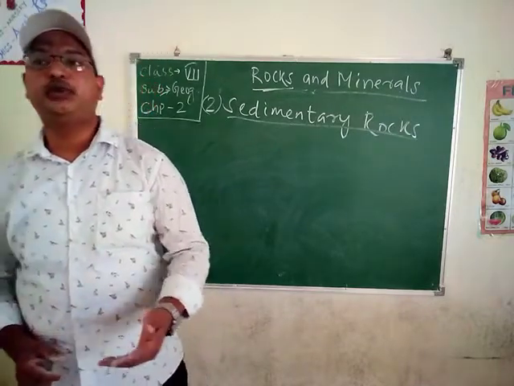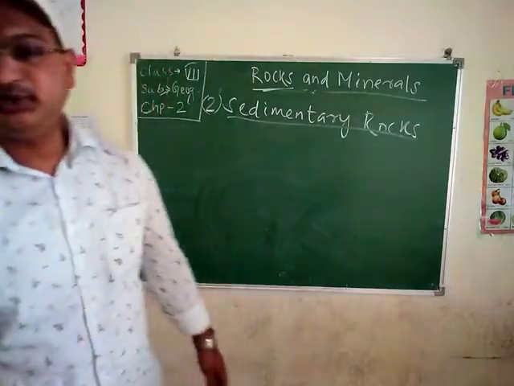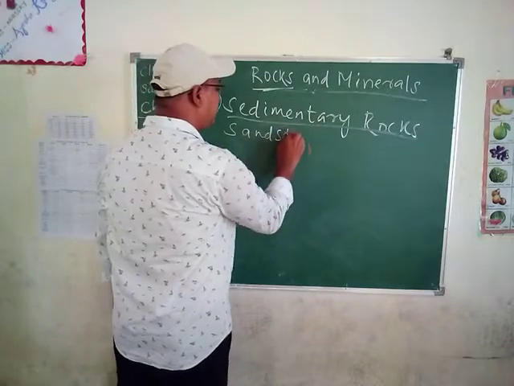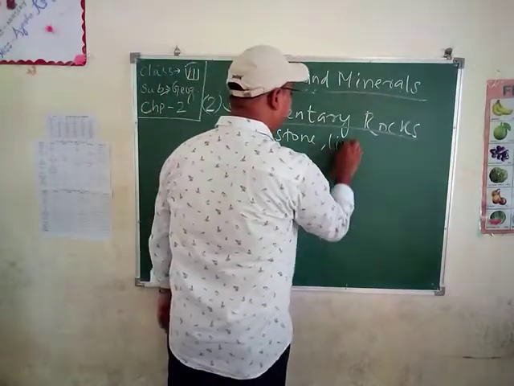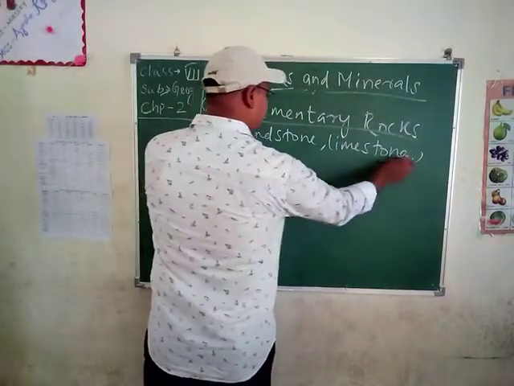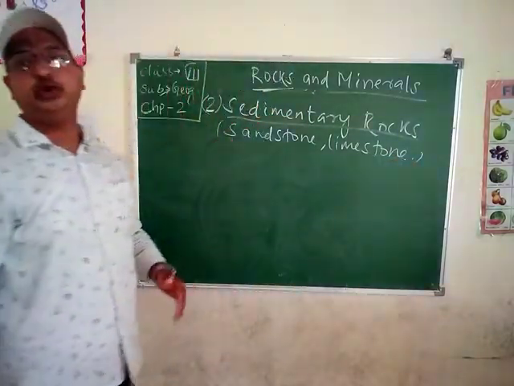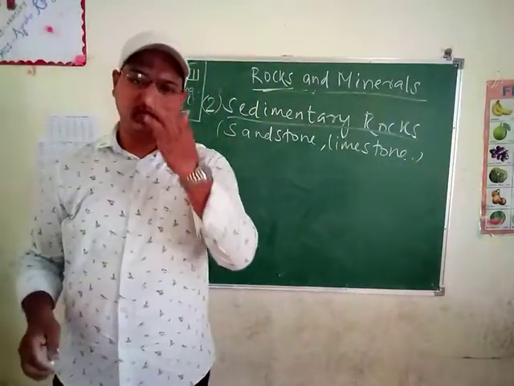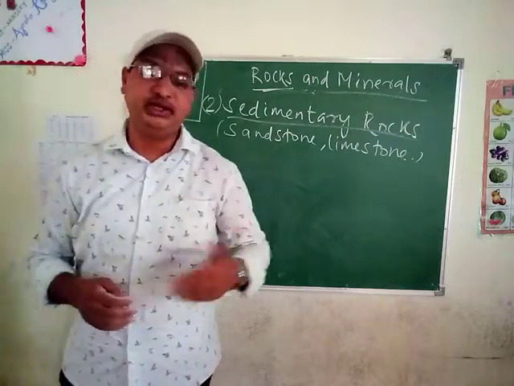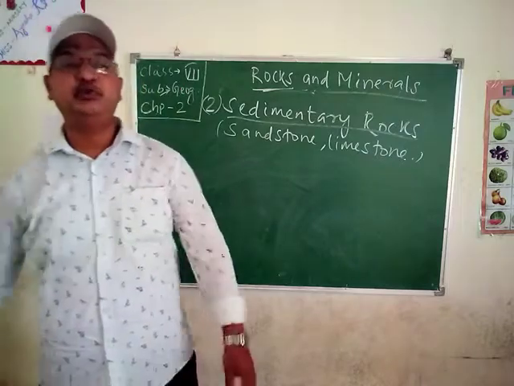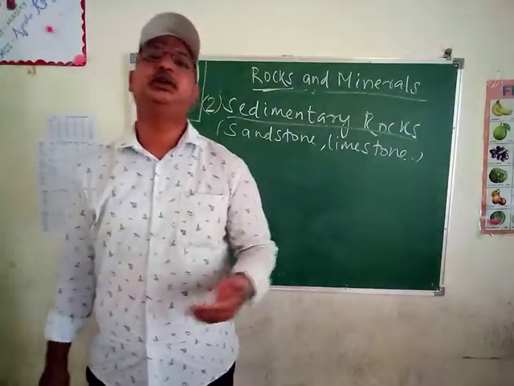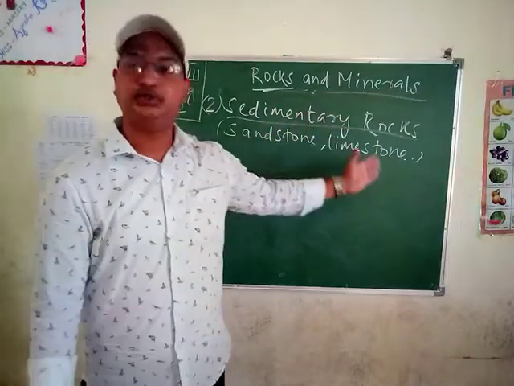Coal and petroleum are found in these rocks, and some examples are sandstone and limestone. Students, as I have told you, they are sediments. When they are moving in a river, they come and accumulate in a place. Right, students? The type of rocks which are found there is called the sedimentary rocks.